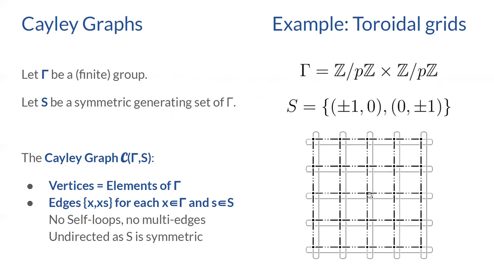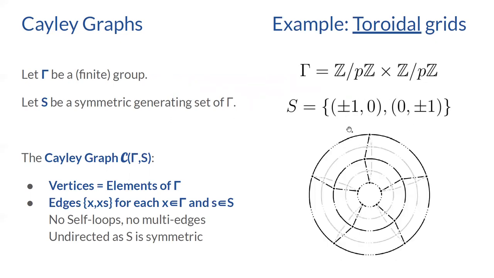If we have an element here, xy, in this group, we can go up, which corresponds to adding 0 plus 1. We can go down, left and right. So those four directions precisely correspond to the generators. It is called a toroidal grid because if we draw it differently, we see that it's actually a torus. And this will be important later.